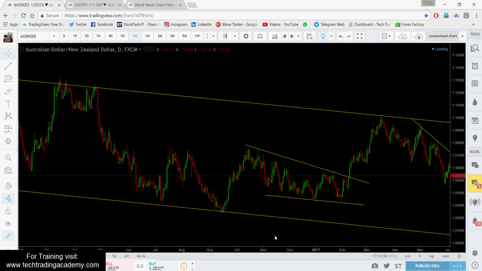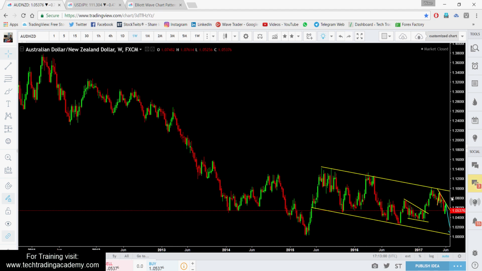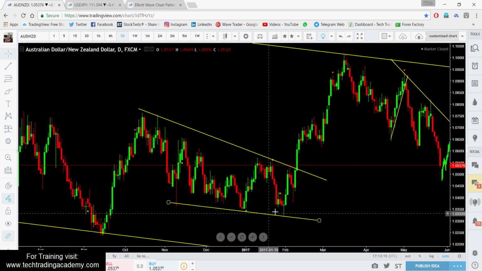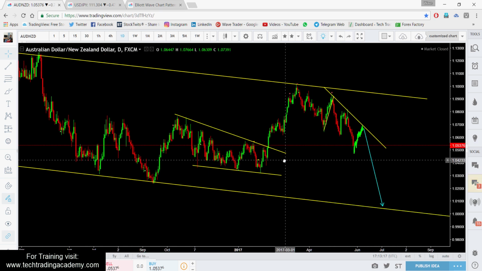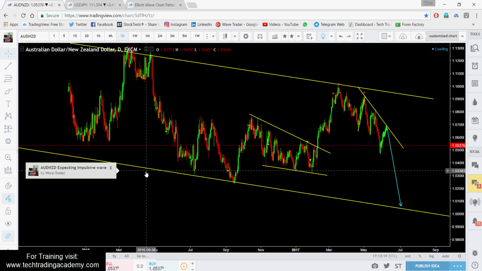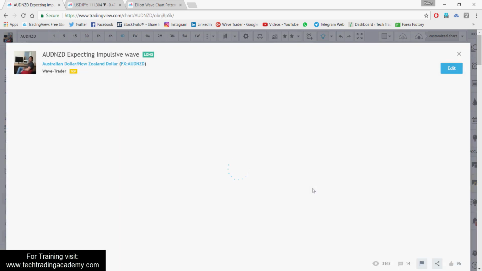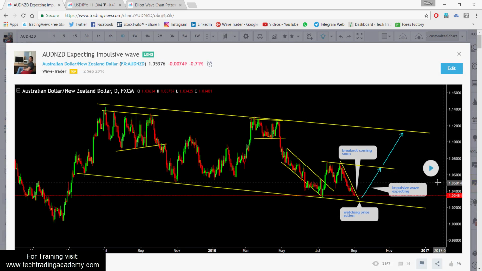Let me show you the bigger picture of what we were doing on this pair. This is the formation we were having on this pair, an impulse, on this channel. We were buying here and selling here. Let me show you the daily. All the way from this bottom we were buying up to that top.